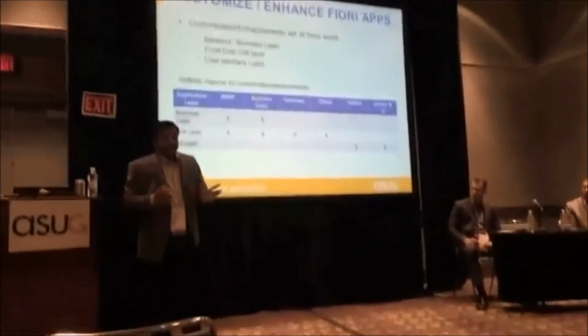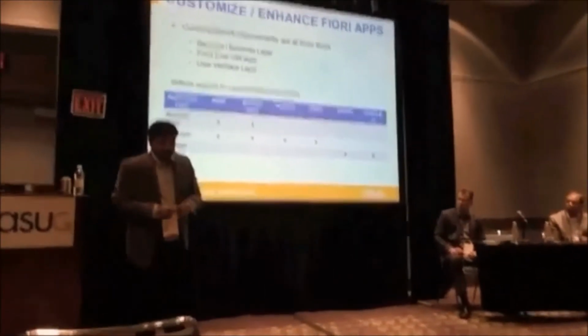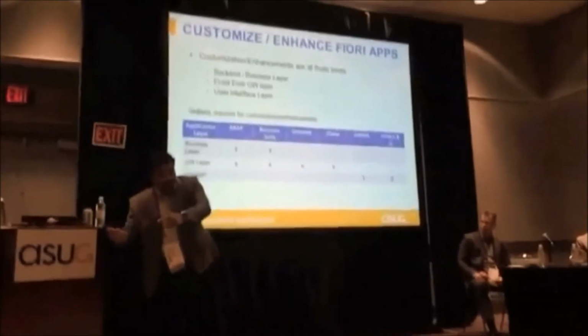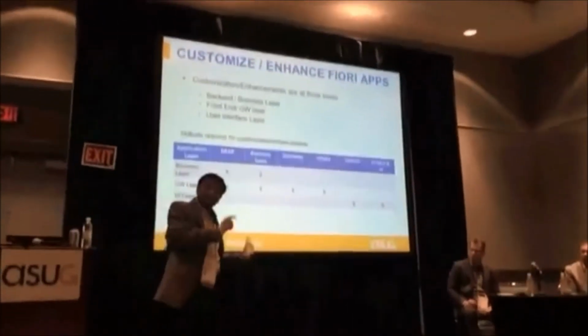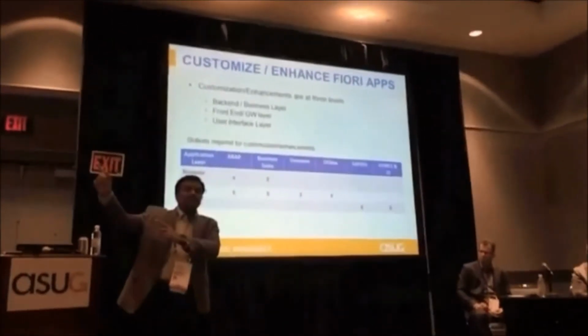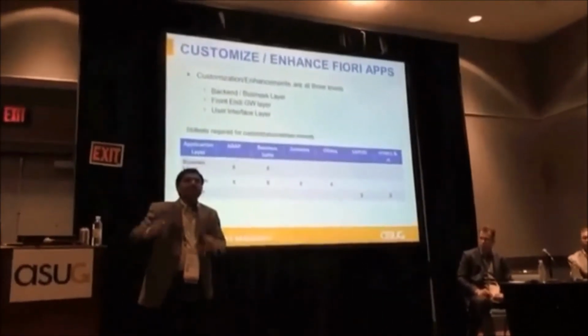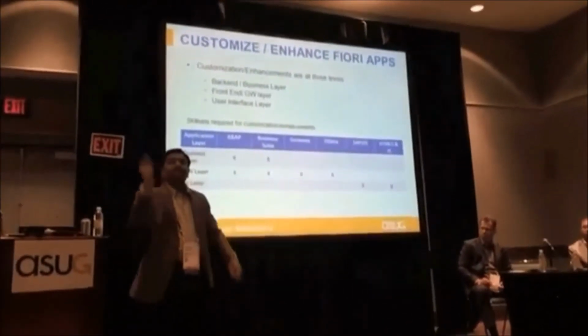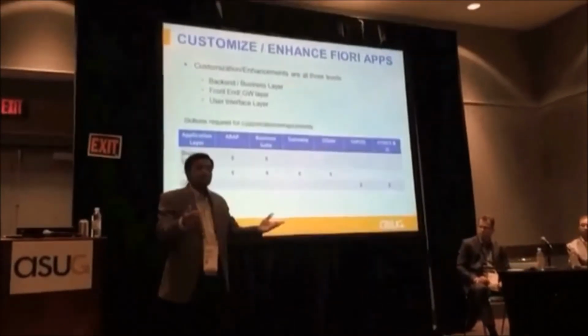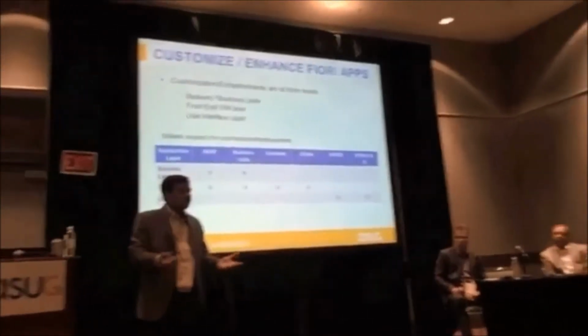What happens? From the OData perspective, you have to add those fields in the OData service so that it publishes them to your front end. Then, from the UI perspective, you are going to add those. It's like screen development on the web.